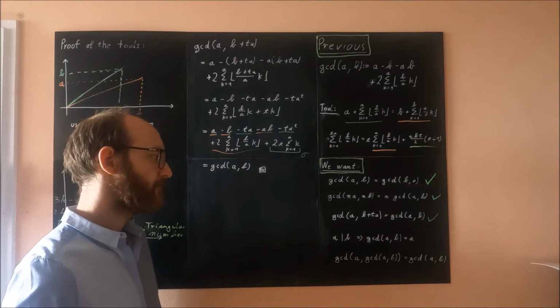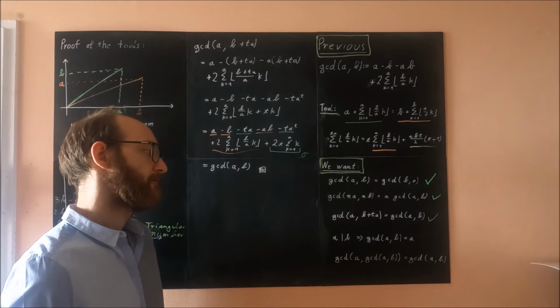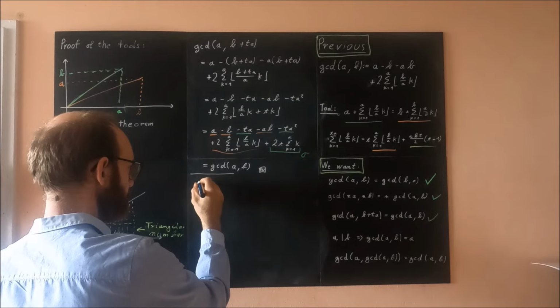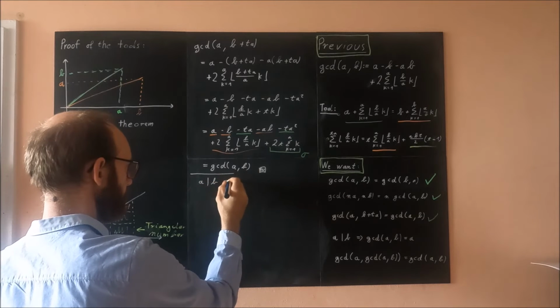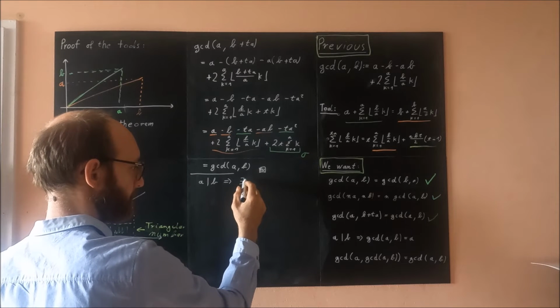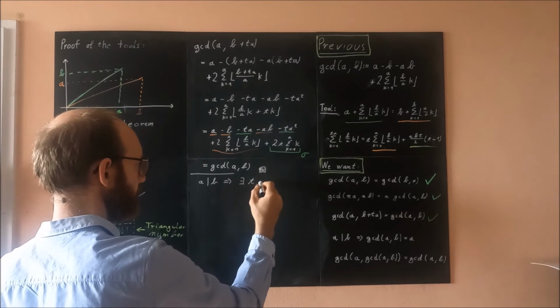The fourth one: if a divides b, it follows that GCD of a and b is a. So if a divides b, this is by definition, there is a t.